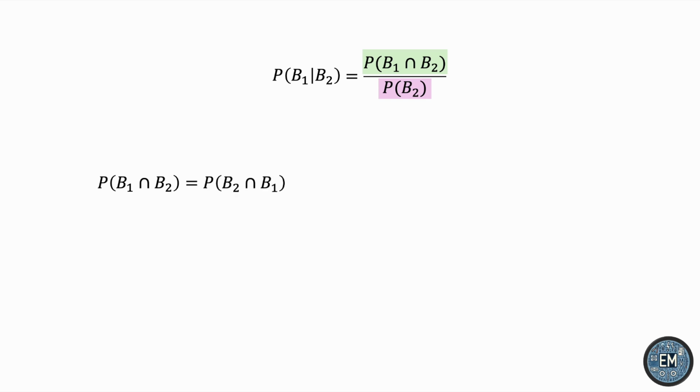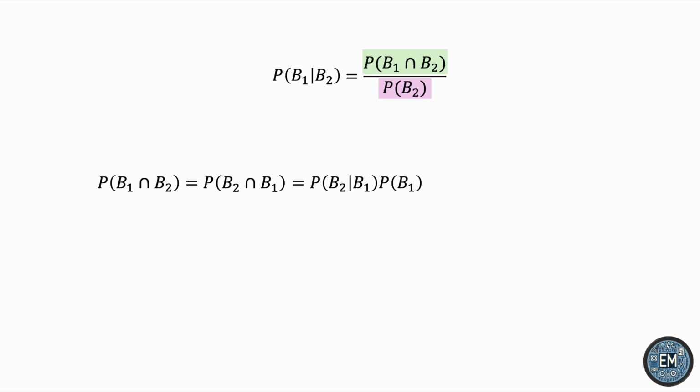Of course, the intersection of B1 with B2 is the same as the intersection between B2 and B1. And now we'll use the conditional probability for this case, which is B2 given B1 times the probability of B1. And the reason we're doing this is because the probability of B1 in itself is very easy to find. Let's see what we have.